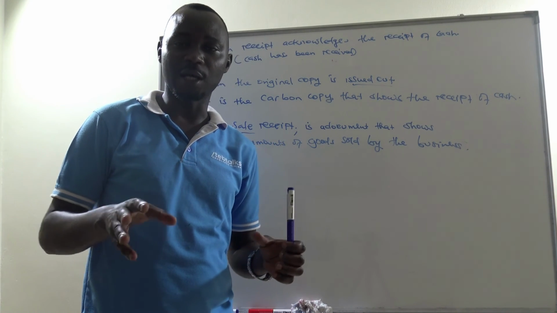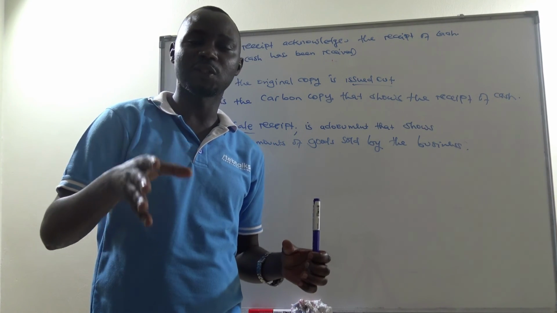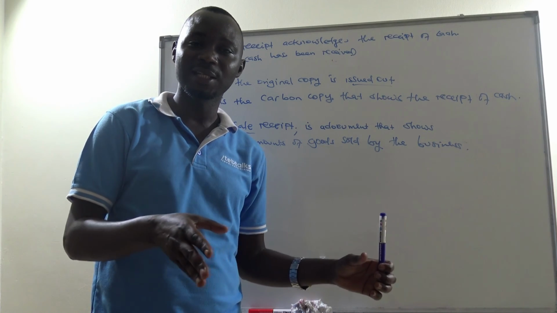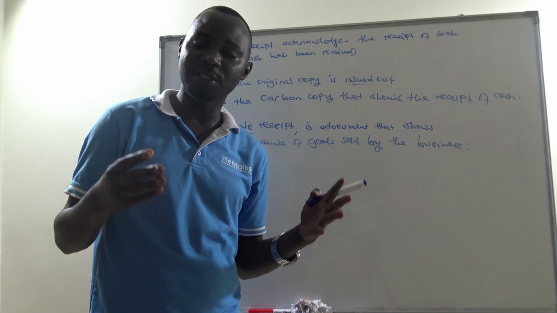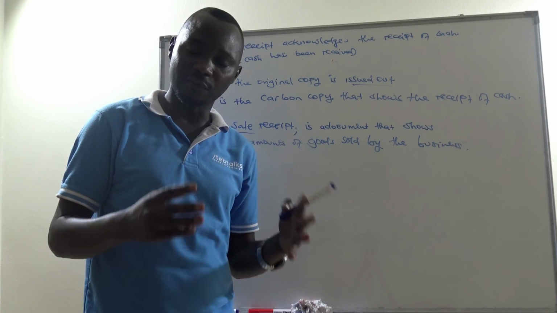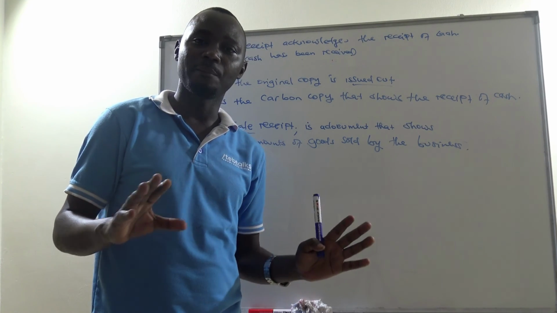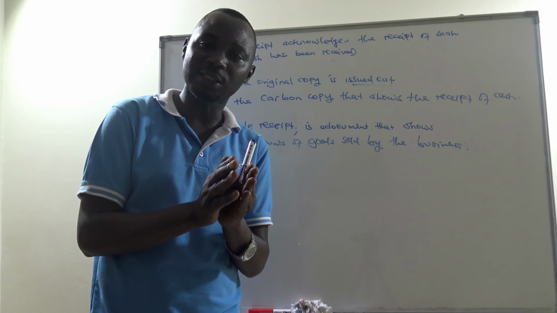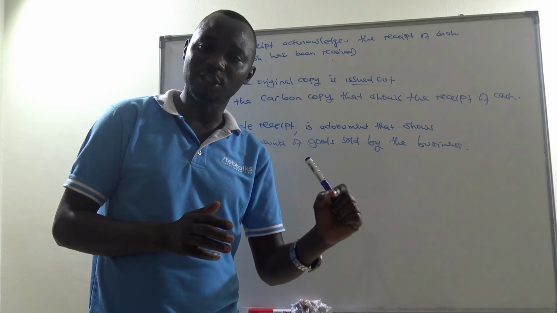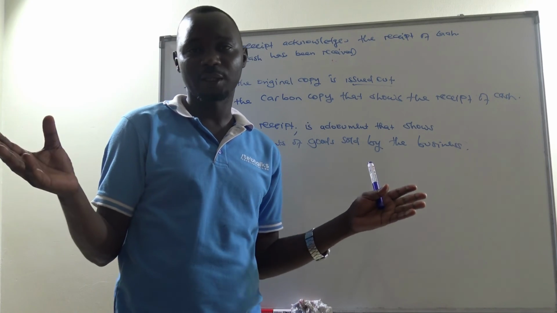Someone may ask me, can't you buy goods and receive a cash sale receipt and at the same time a cash receipt? It depends on how the business does its activities. It is okay, because a cash sale looks at what has been sold and at how much, but the cash receipt proves that cash has been received.